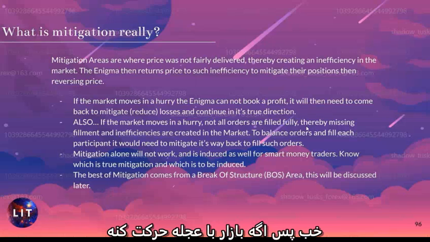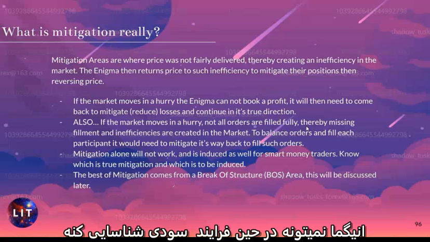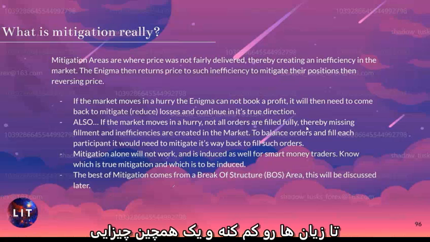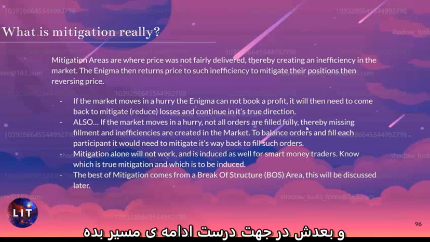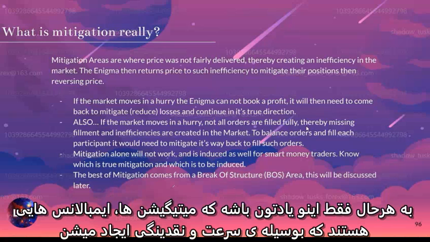So if the market moves in a hurry, if a lot of liquidity enters immediately, the Enigma cannot book a profit in the process and will need to come back to these mitigation areas, of course to reduce losses and continue in the true direction after. Okay, but just know that mitigations or imbalances are created by speed and liquidity.